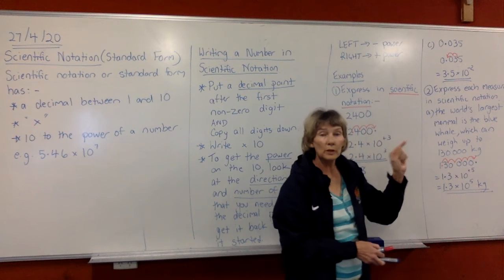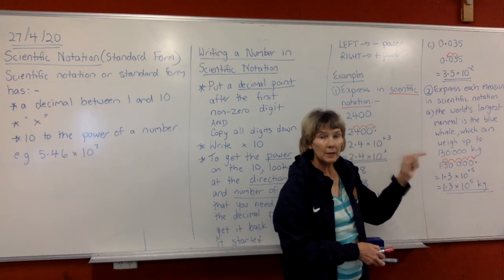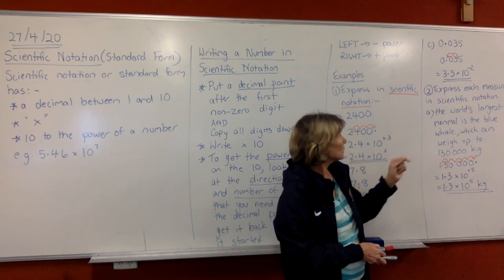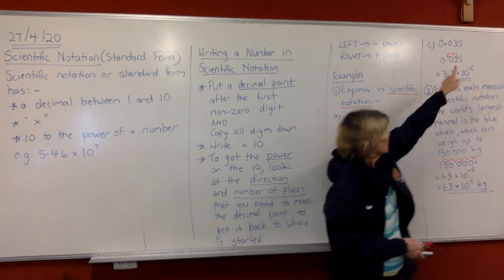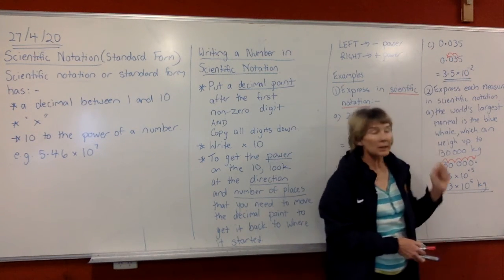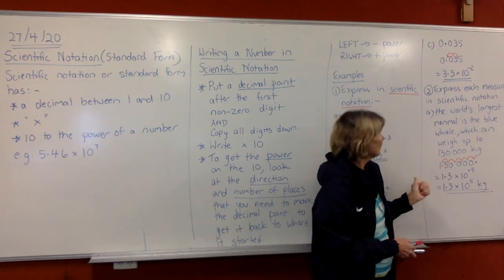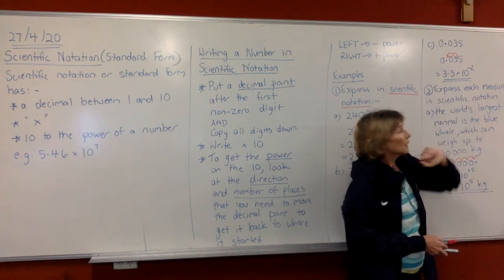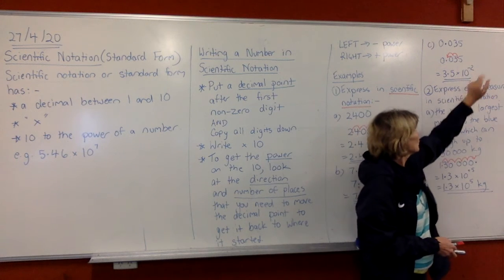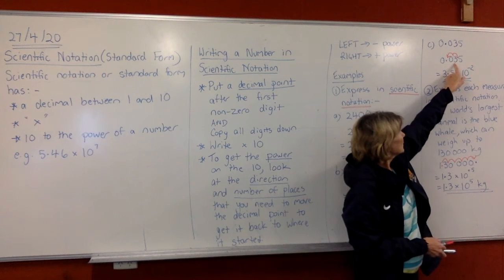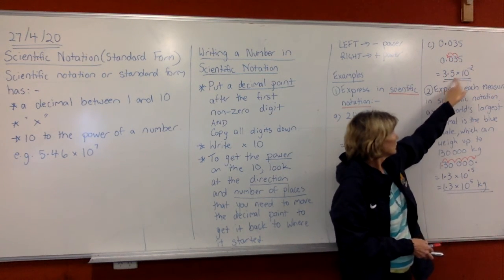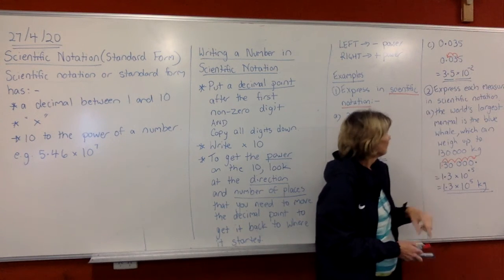And then you're going to, with your red pen, jump that decimal point that's red back to where it was in blue. We're going 2 places to the left here. So because we're going to the left, it's negative. And we're going 2 places, so there's a negative 2 up there. So our decimal is 3.5 times 10 to the negative 2.